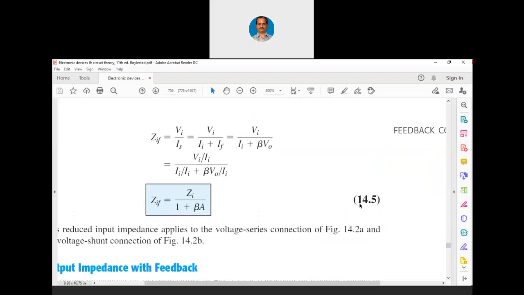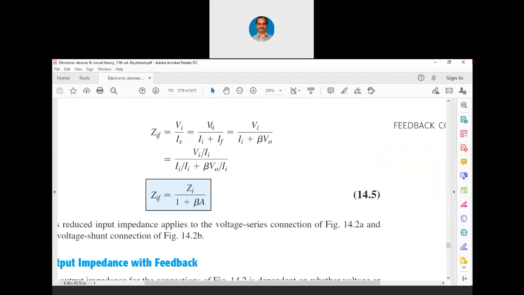Now because of that, let us substitute VI by II plus IF. What is IF now? Beta into V naught. The feedback current is nothing but a fraction of the output voltage. So VI by II plus beta V naught, or now let us divide throughout by II: VI by II over II by II plus beta into V naught by II.